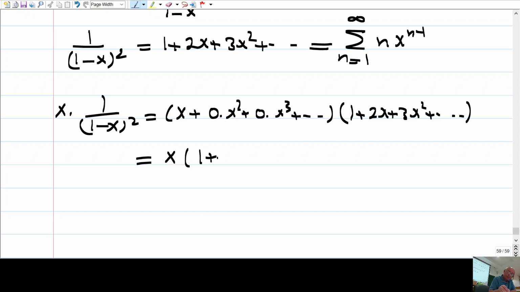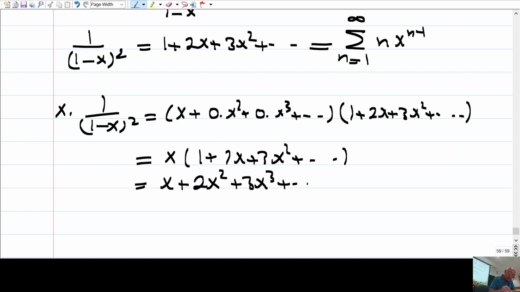So this is just this gadget, and I can just write this 2x squared, 3x cubed, and so on. So I can multiply this by x, and I can take x inside.